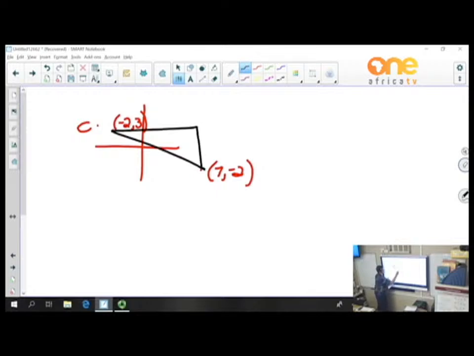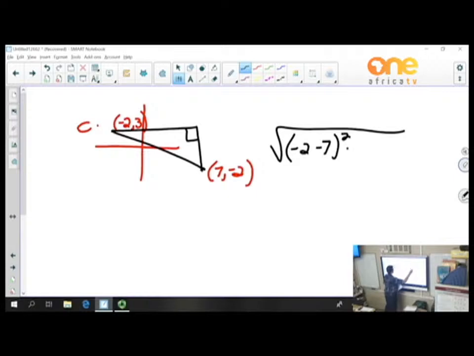So can you see, there's your Pythagoras coming up. But I'm just going to use my formula now. So this one time it will be negative 2 minus 7 squared plus 3 minus 2. Look at those signs there. That's very important. And let's quickly get that one.